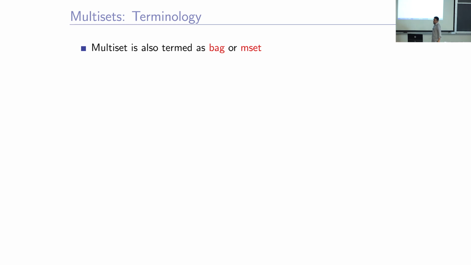Okay, it's also called the bag. In some text, more computational text, they are called bags. Bag of items, where you just put stuff into a bag. There is no order there, but you can put 2 apples and it's 2 apples, right? It's not 1 apple. Or sometimes it's written as M set also, multiset.